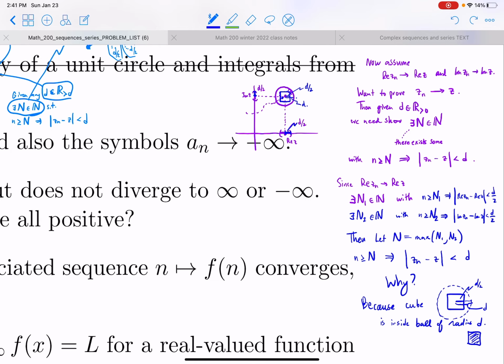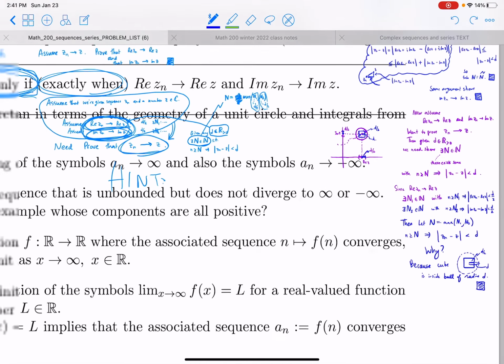That means that given any d, we can look at d over 2, and we know that if we go far enough past capital N1, we'll be inside there with the real parts. And past capital N2 we'll be inside there with the imaginary parts. But that means that our complex number, real plus i times imaginary, is inside that ball. And that ball is definitely, because this cube is in the ball. Anyway, this now is done.